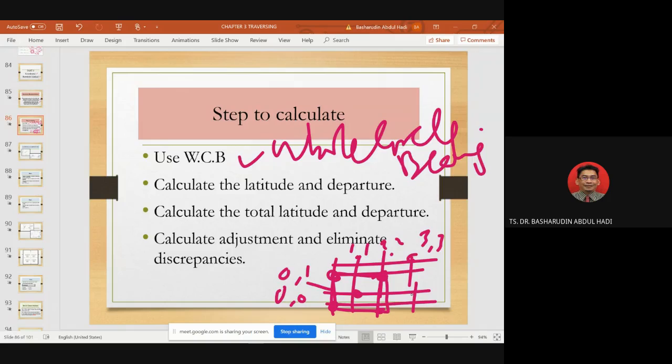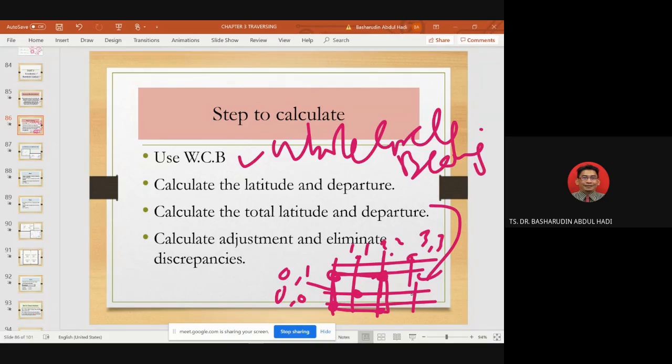But actually this coordinate system, I should explain to you more, but we don't have time to introduce the latitude and departure in more depth. But I will show you the system is like the graph paper. Okay.